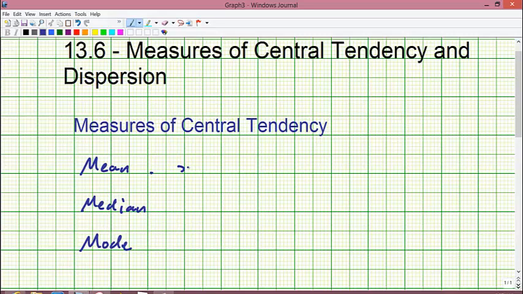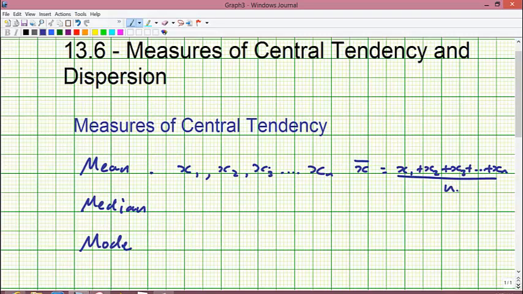So if you've got a data set x1, x2, x3, up to xn, then the mean, and we write it like that, x with a bar over the top, equals x1 plus x2 plus x3 plus ... xn divided by n. So there is the calculation of mean.